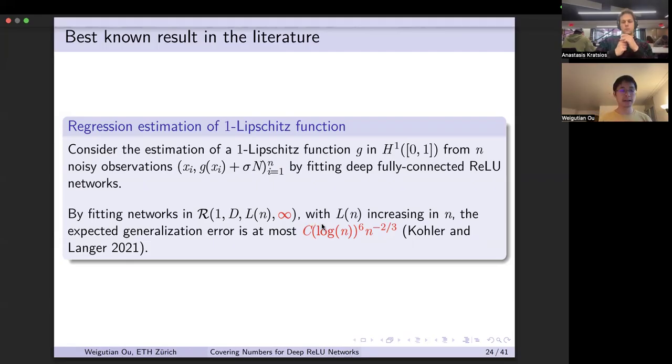And their analysis is based on the VC dimension because the class of networks they use has infinite covering number. And they showed that the generalization error is upper bounded by at most some logarithm factors times n to the power of minus 2/3. This was the VC dimension bound on the generalization error I mentioned at the beginning.